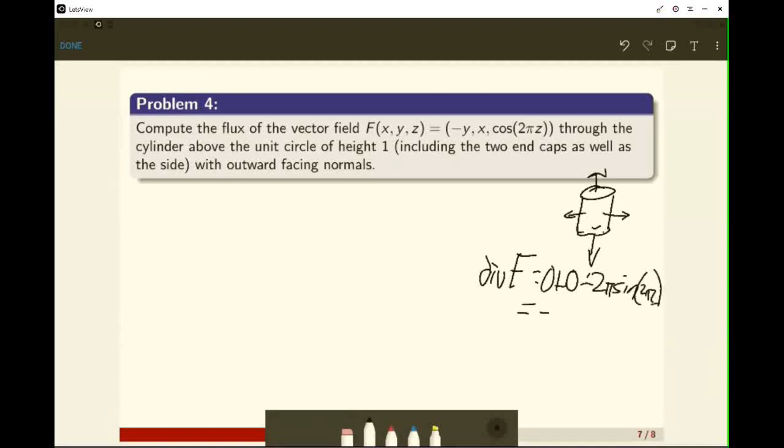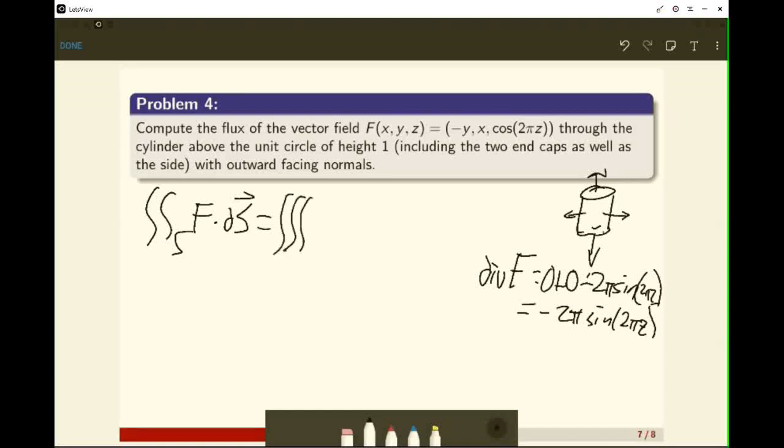And so our divergence is this quantity with a negative sign in front of it. Right? And so then the integral around the surface of F dot dS that we're interested in is, by the divergence theorem, going to be exactly the triple integral.